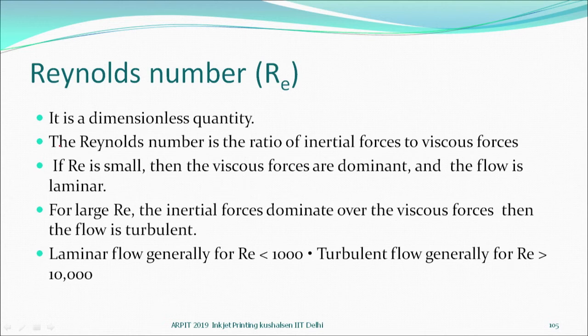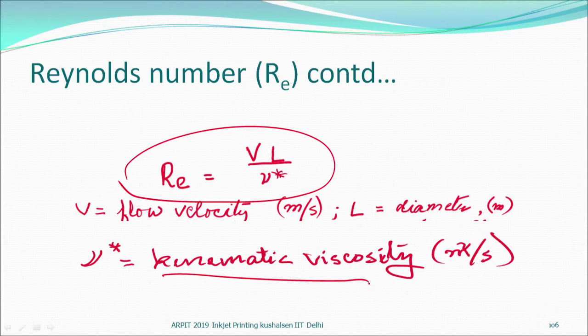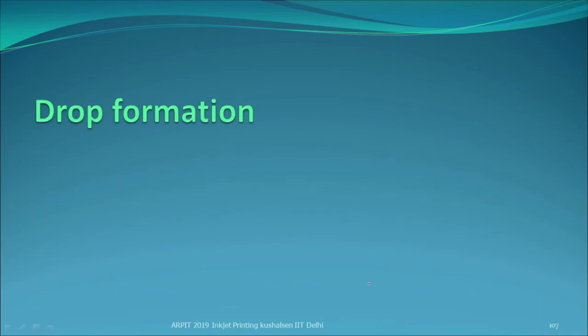Laminar flow would generally have a Reynolds number less than a certain range, and turbulent flow would generally be more than 10,000. The expression for the Reynolds number is like this, which uses kinematic viscosity. So, the drop formation and ejection is dependent on so many properties that we talked about.